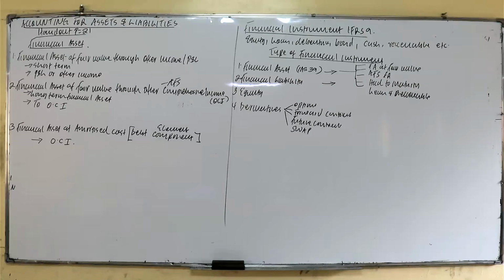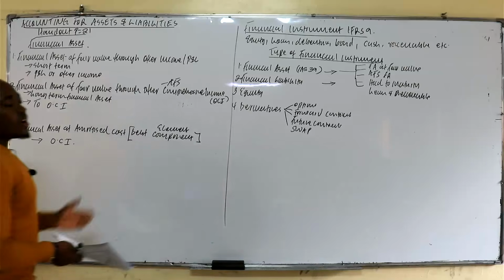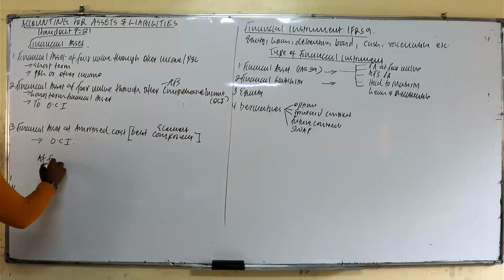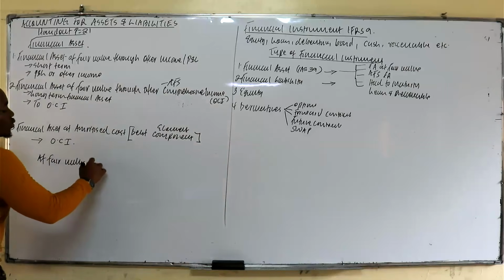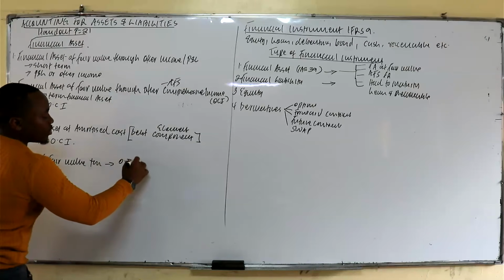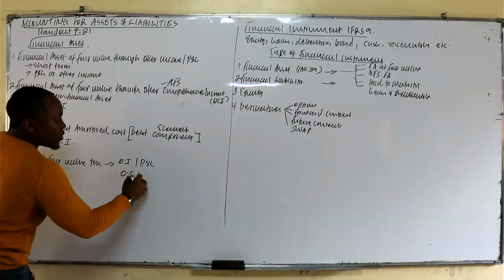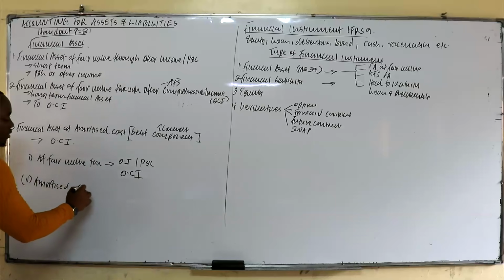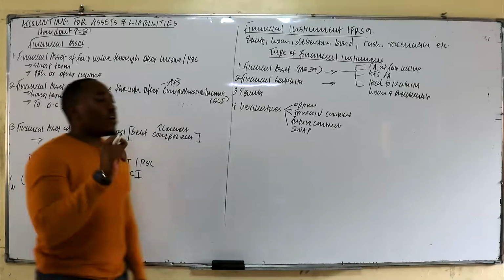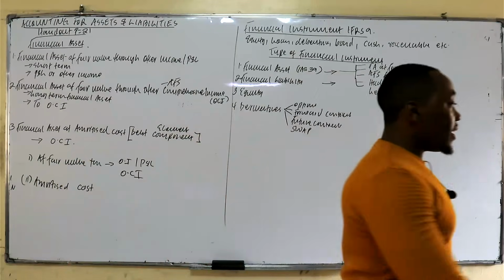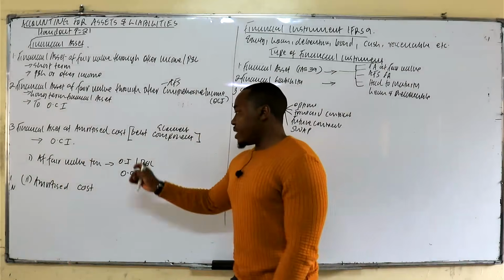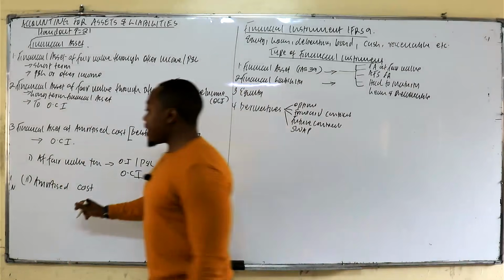Then subsequently, all the financial instruments should be measured either at fair value through P&L, or at fair value through other comprehensive income, or at amortized cost.